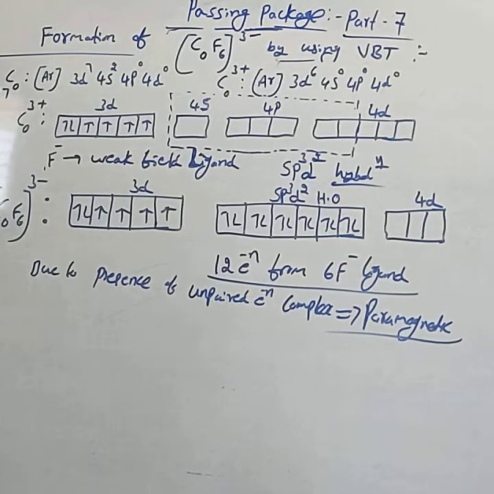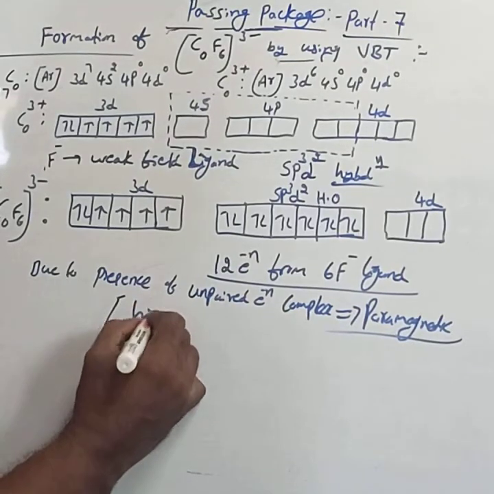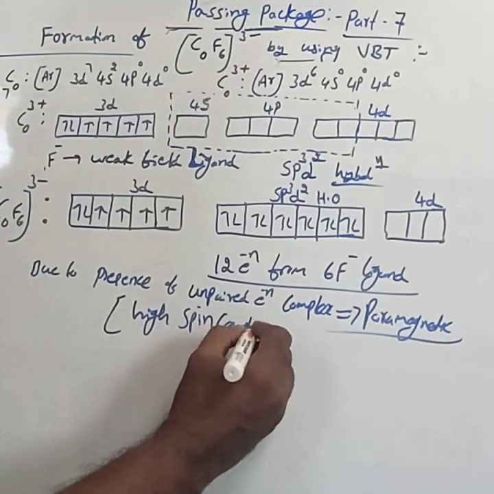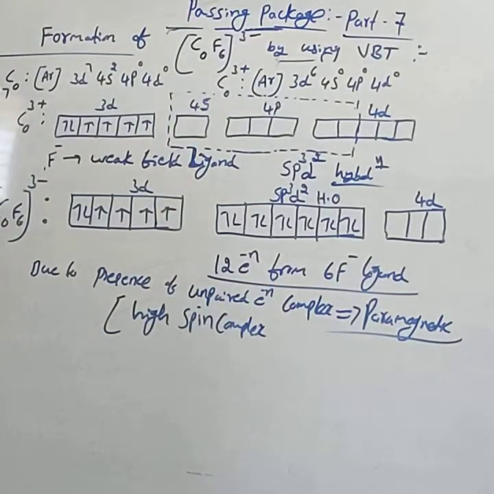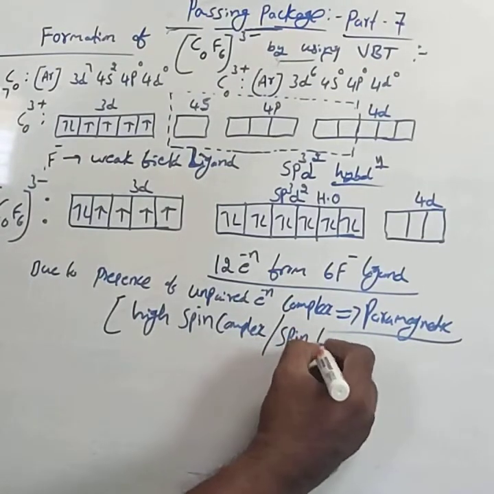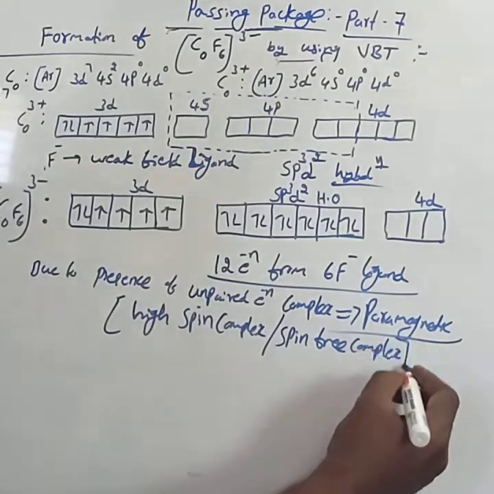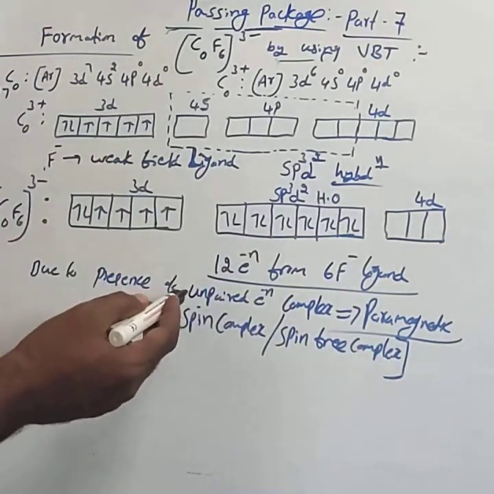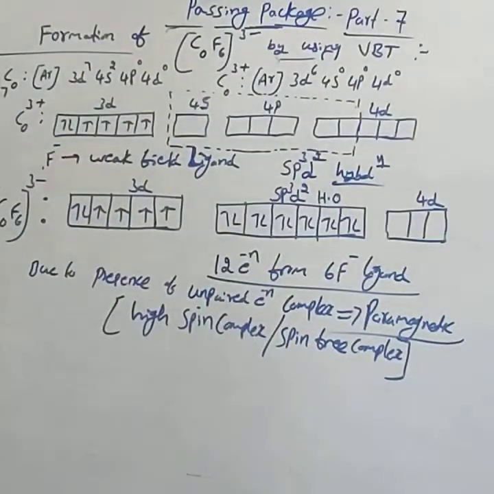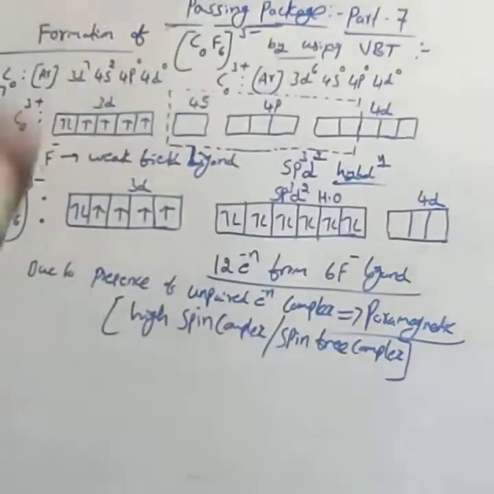You can also consider it as a high spin complex, or a spin free complex. If you know, you write these two terms. Otherwise, just write that due to the presence of unpaired electrons, the complex is paramagnetic. It is enough. If you know, you write high spin complex or spin free complex.